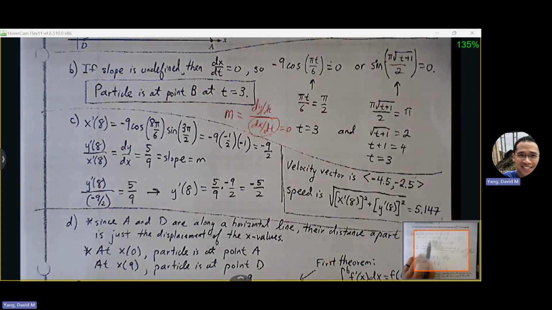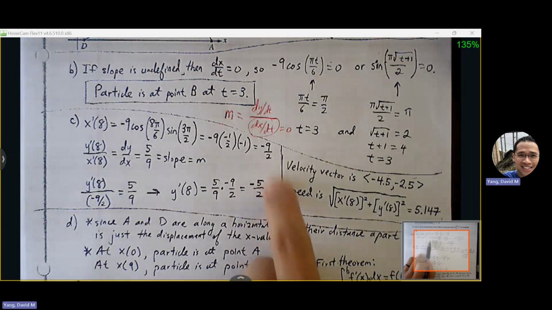We know x prime of 8 is -9/2. You can plug in 8 into x prime and solve. So then if we cross multiply and solve for y prime of 8, y prime of 8 must be -5/2. And so that will give us our velocity vector. Our velocity vector is just going to be the horizontal and vertical components of our first derivative.